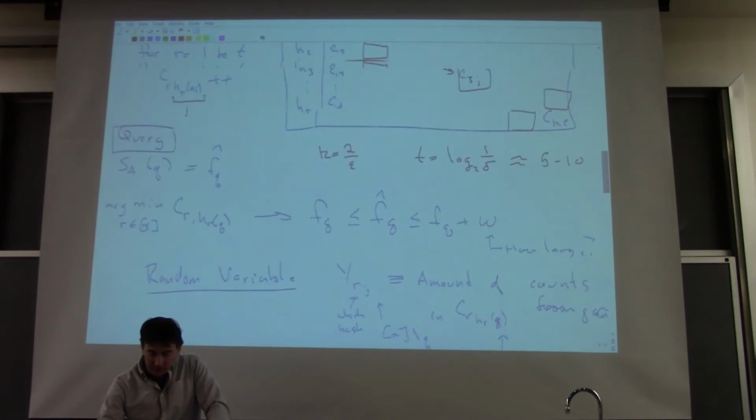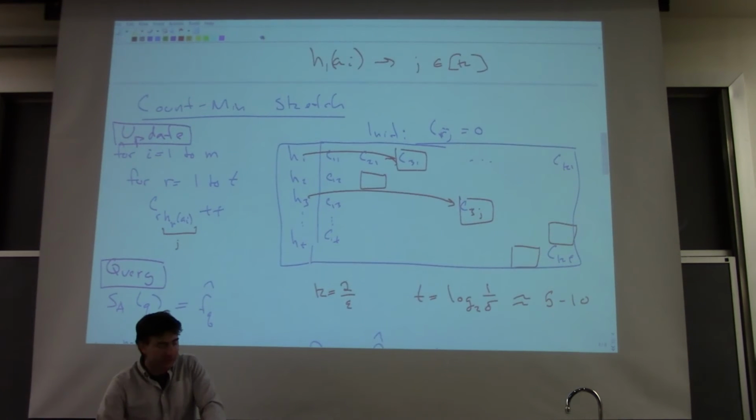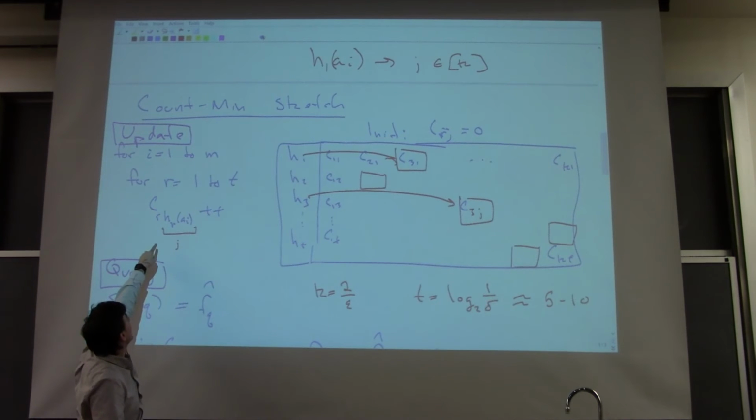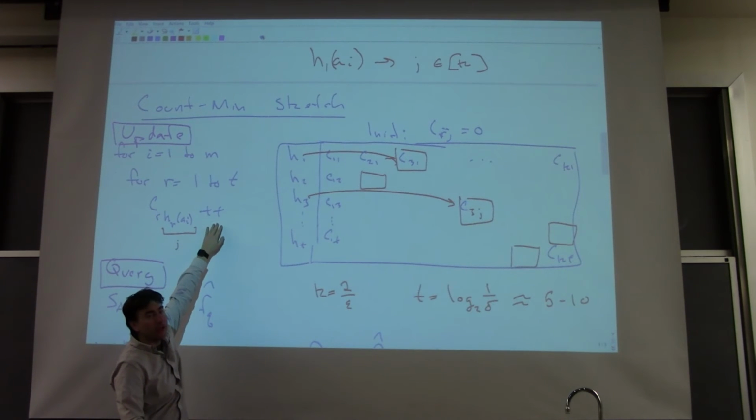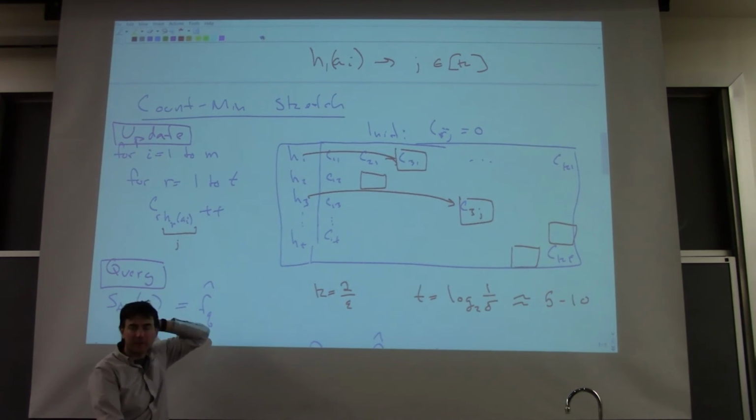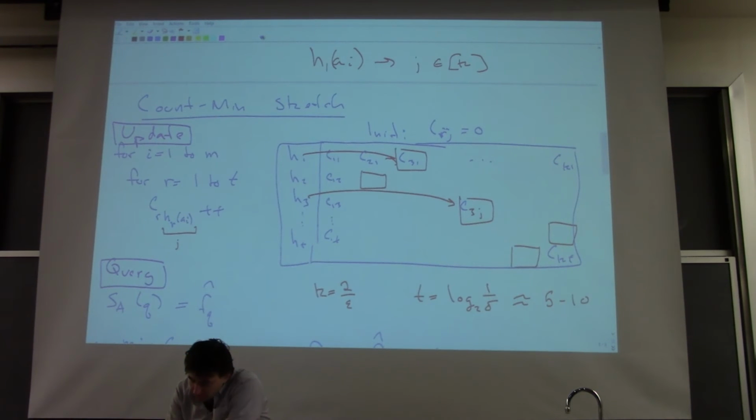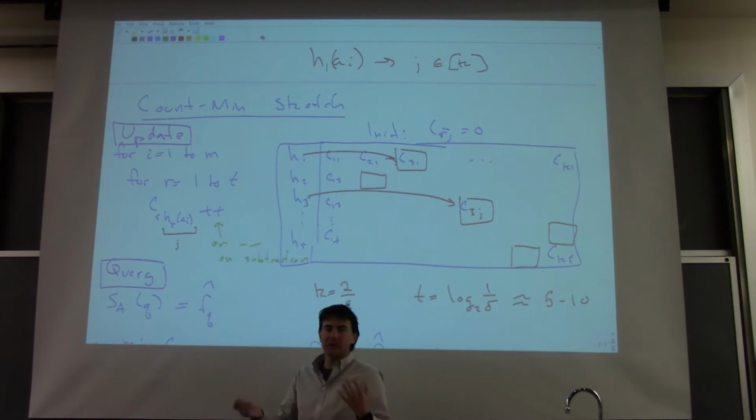I just go to all my hash functions, and in update, I do a decrement instead of an increment, or minus minus. So I can decrement these counters if I'm doing subtraction.